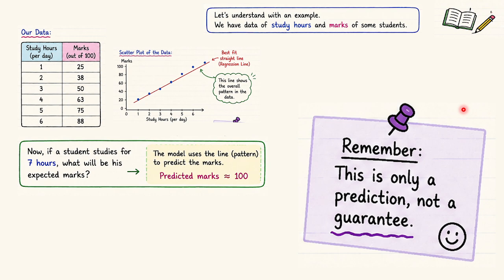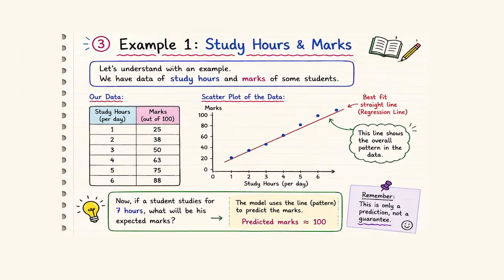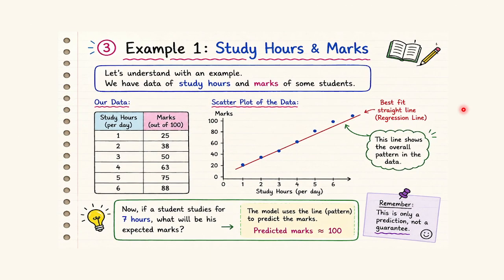So the actual value may be different from the predicted value, and that is why we call it a prediction, right? So when we say prediction, it means the estimated value may differ from the actual value. So we should always keep this in mind. So this is all about study hours and marks example.